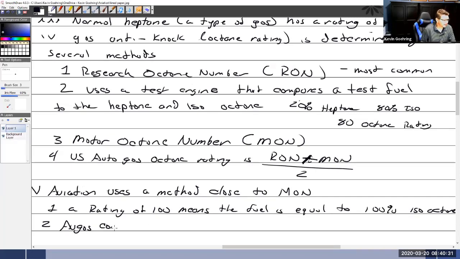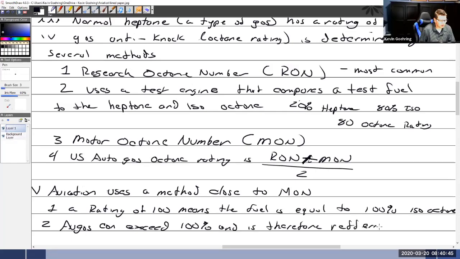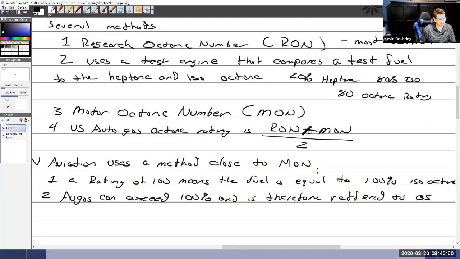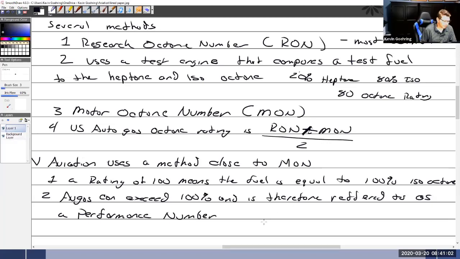Avgas can exceed 100% and is therefore referred to as a performance number, technically speaking, a performance number, not octane.